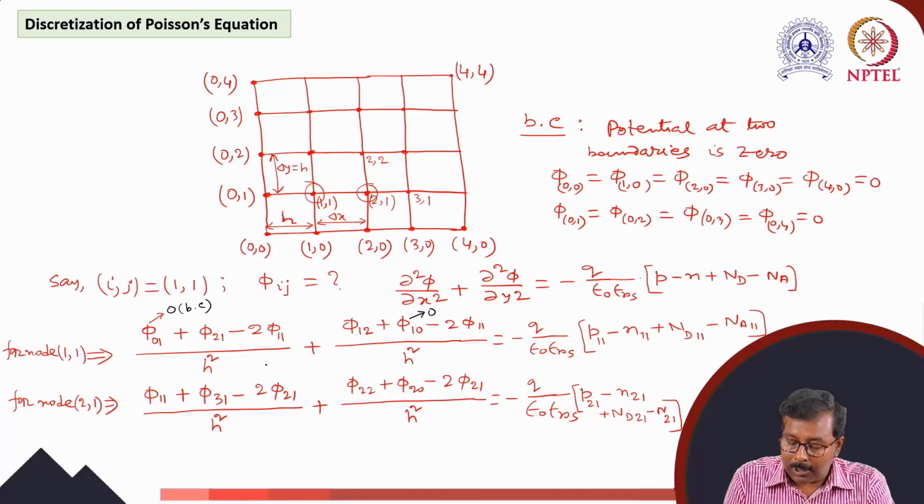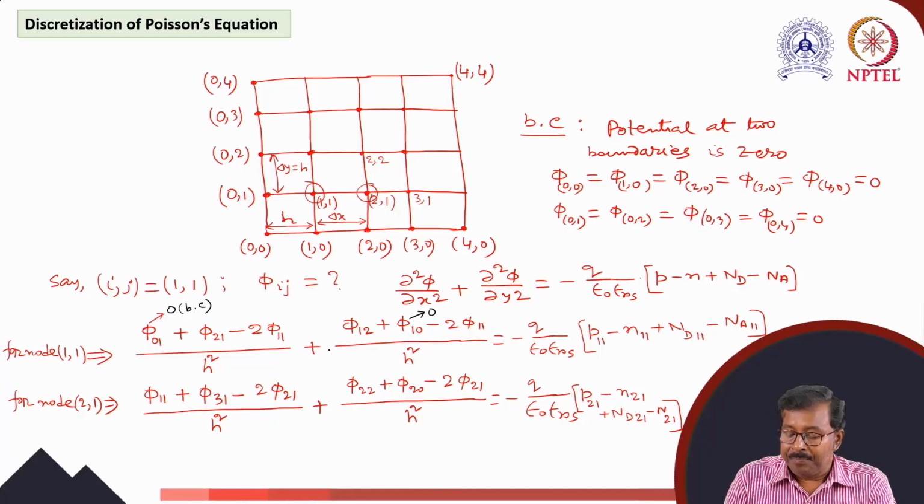And here you can observe that phi 1 1 is present in this equation also and in this equation also. And other terms phi 2 1, phi 1 2 also are present in both the equations. So some terms are present in both the equations, but some terms are not present.